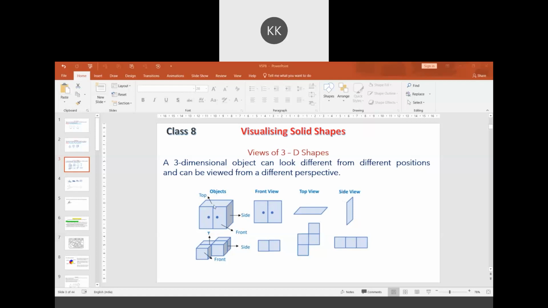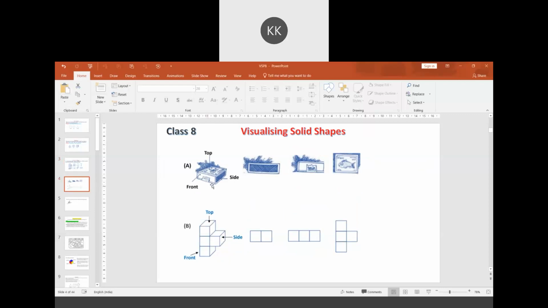Here you can see there's an object, and its front view, top view, and side views are given. Likewise, if I consider some figure, you can see here the side view will be like this. This is the front view. This is the top view.